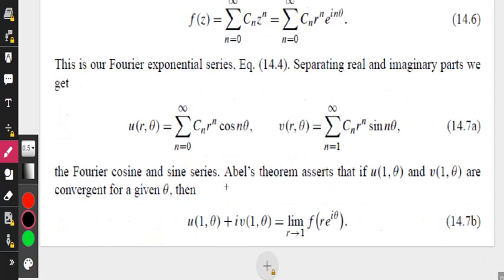Okay, then Abel's theorem asserts that if u1 theta and v1 theta are convergent for a given theta, then u1 theta plus iv1 theta can be written as limit r goes to 1 f of r e raised to i theta. Okay, now let me do this once again.